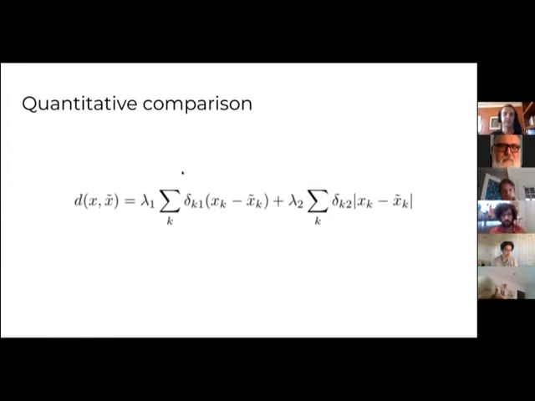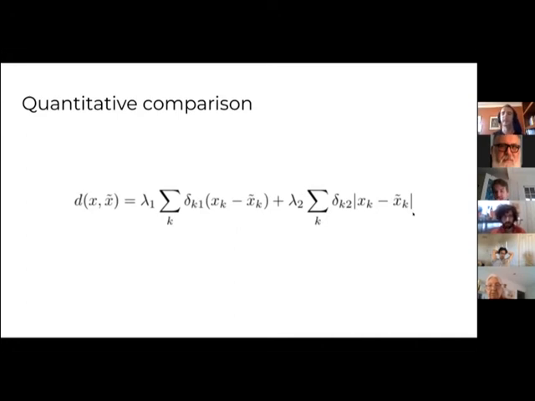Delta K1 is going to be 1, which includes a term from this first sum, when for a given frequency bin K, the energy for that frequency bin is higher in the target than in the solution. So this means the solution undershot how much energy should be at a specific frequency.